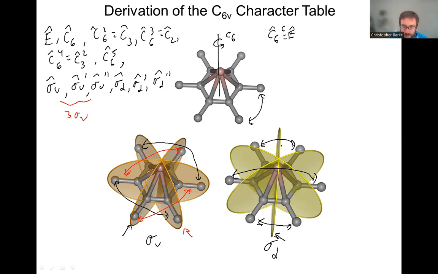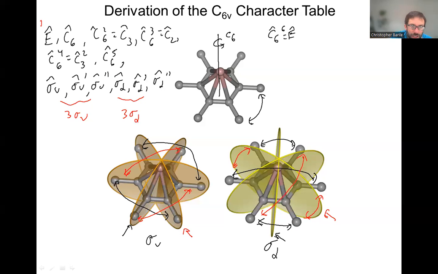We have these 3 black arrows here, and in the sigma V case, we only have 2 black arrows, so it's doing something different. But all the sigma D's are similar in the sense that they have 3 sets of arrows. If we look at this sigma D, these atoms are interconverting, they look at each other in the mirror. These atoms across from them are interconverting, and so are these. So again, 3 sets of arrows. These 3 sigma D's are all doing similar things, so we group them into the same class.